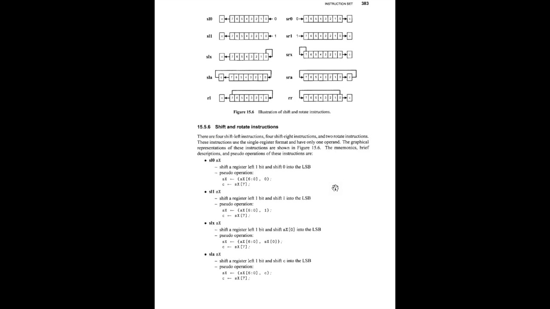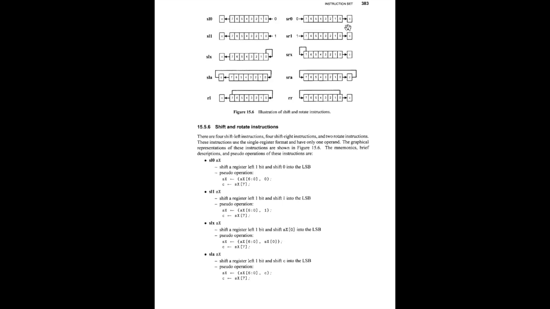the shift and rotate. So there's a shift left 0, so that shifts left, 0 fill, MSB goes into the carry bit. For us, this is a 16-bit register, so it's bit 15 that goes into the carry, and so on.